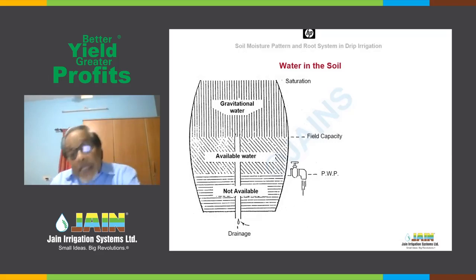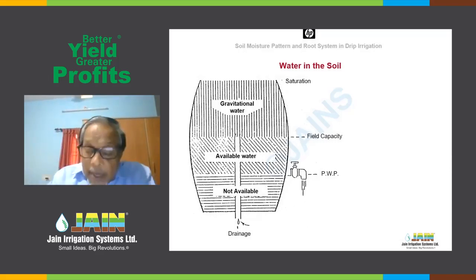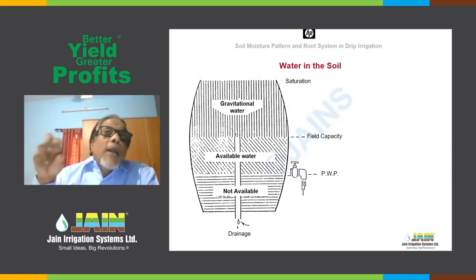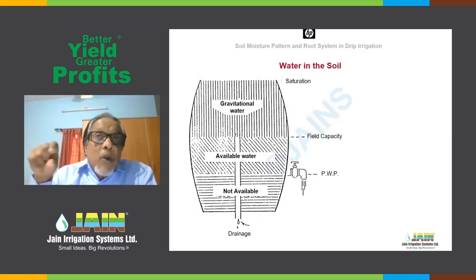Now in this scenario comes the introduction of drip irrigation, where a properly estimated amount of irrigation water is applied based on the evapotranspiration of that crop at that stage, at that crop age, at that place. Then we can isolate only the available water fraction, which is the ETP, evapotranspiration water, and apply it.